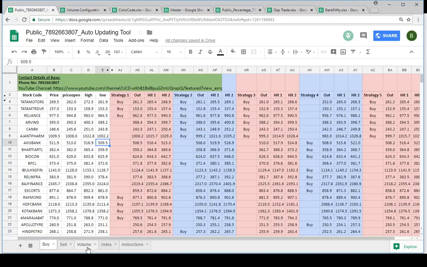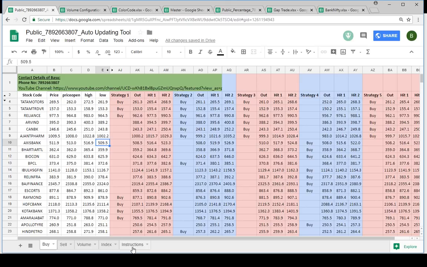The index tab contains the important levels of Nifty and Bank Nifty, the levels from which there might be a heavy possibility of the index taking a U-turn. And the last one is instructions. I have provided the instructions of how to use the Excel sheet or how to use this tool to find out the stocks for study purpose for intraday trading.